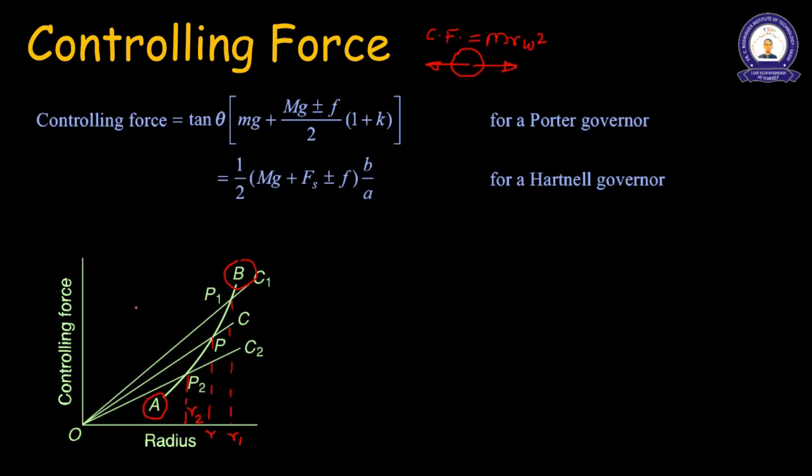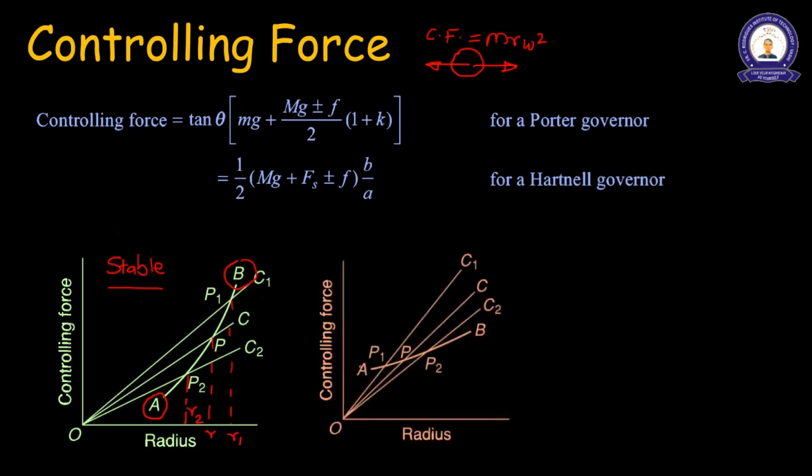So that is the normal, expected operation of a governor. So we can term this governor as a stable governor. Since each speed has some specific radius corresponding to it, we can say that it is a stable governor. That was the definition of stability we saw previously.